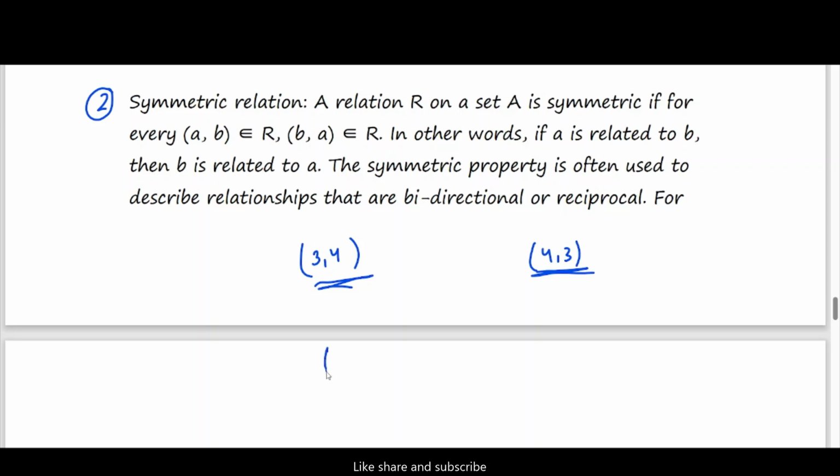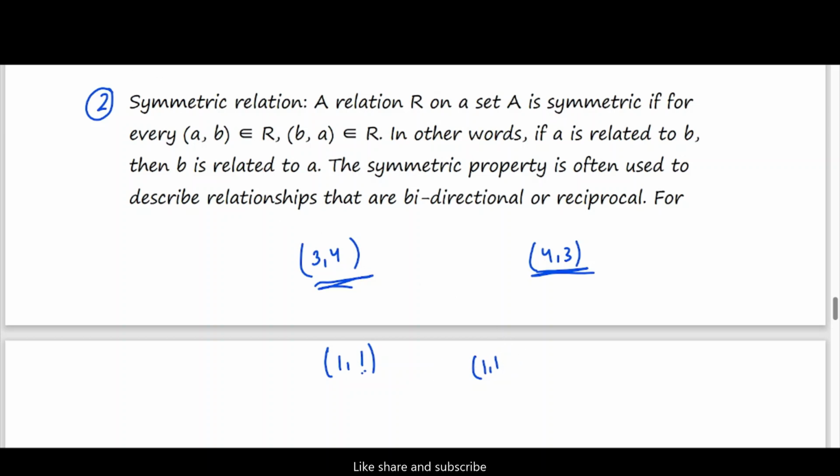Suppose a reflexive pair is present, (1,1). This also we can say is (a, b). In this case, when we find the (b, a) of it, it is the same, so it is present. So for reflexive pairs, symmetric pairs are present, and we do not need to care about the reflexive pairs.